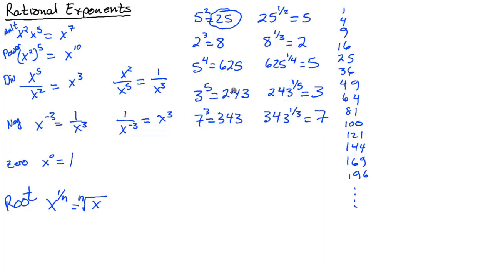We need to know the powers. When we did sum and difference of cubes, we kind of had to know the cubes. So let's write those up as well, so you have them here. So 1 cubed is 1. 2 cubed is 8.